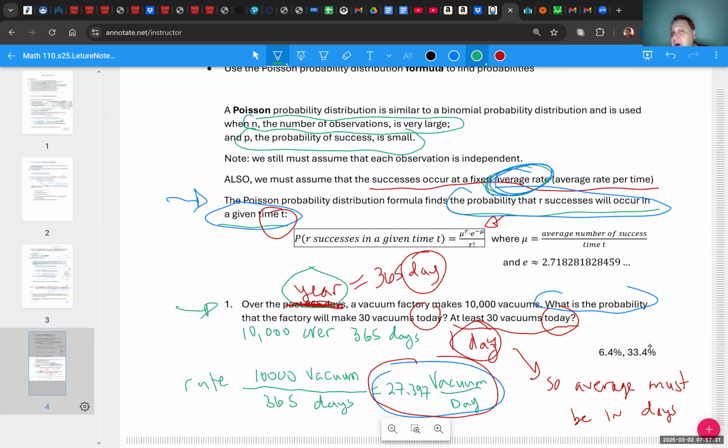You need to be aware and switch it to days so everything matches up. So that's my warning to you: sometimes they will try to get sneaky, and they'll give you 10,000 vacuums in a year, and you'll have to know to make that 10,000 vacuums in 365 days to do the calculation to find the correct average. Okay, I just wanted to point that out.